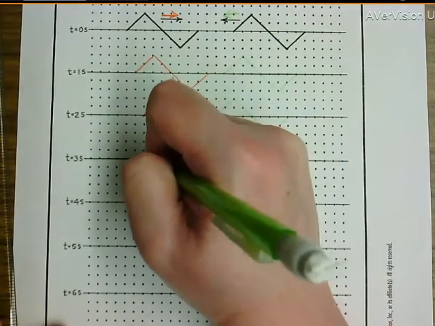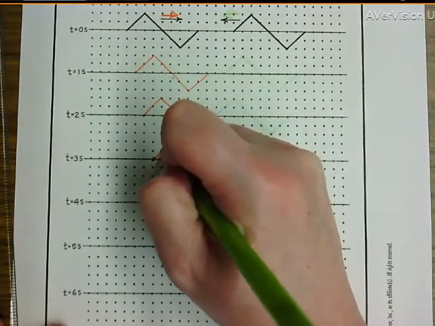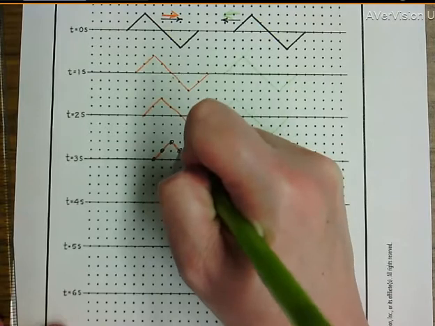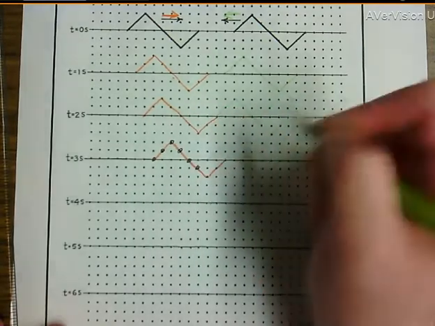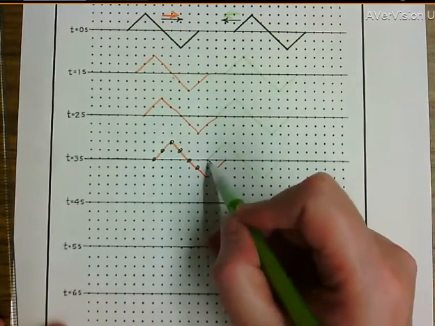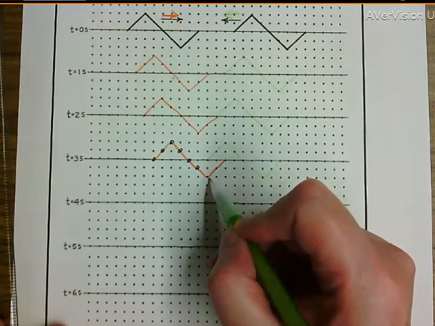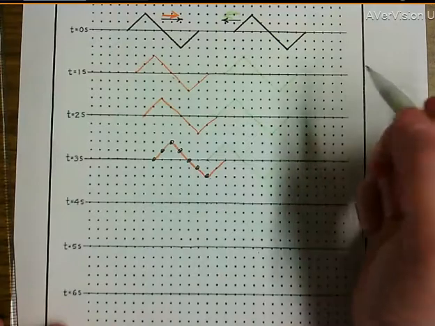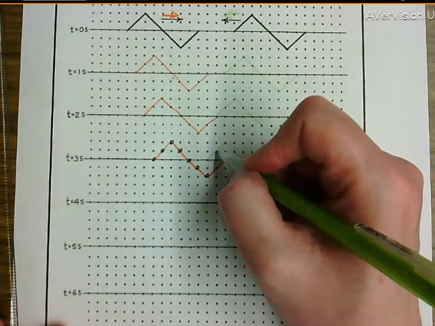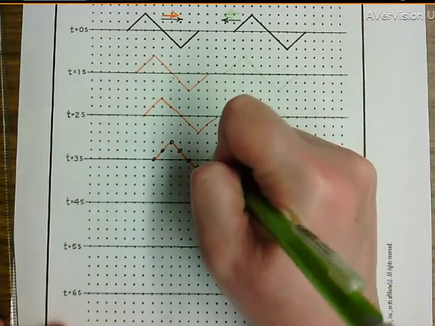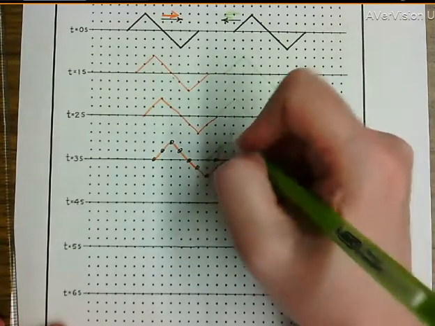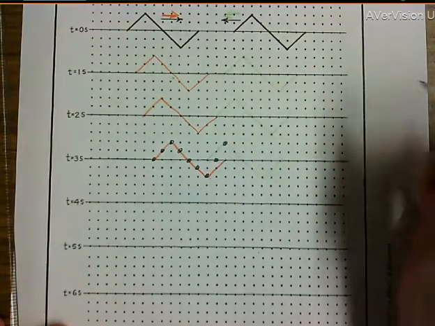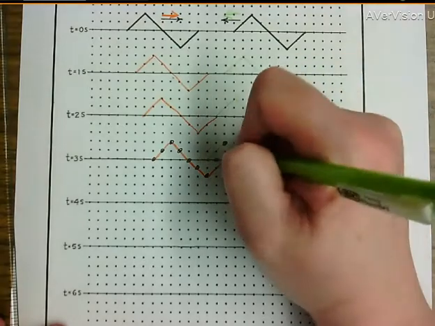So no interference here, so I'm just going to mark these spots, because there's nothing happening. Here is my first spot where they're the same point at the same time. So I have a 0 and a -2, so it's going to be down here. Here I have +1 and -1, so it's going to be 0. And here I have 0 and a 2, so it's going to be +2. And then here again, we're back to nothing.